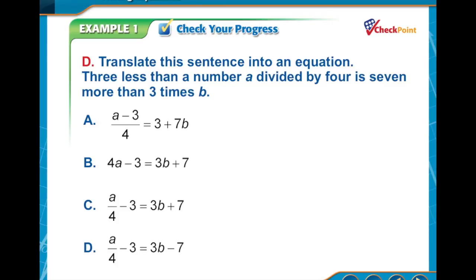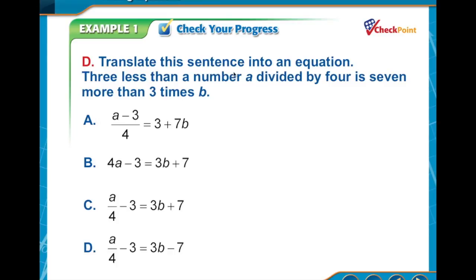Now 1D asks us to translate this sentence. We've got 3 less than a number, A. So 3 less than a number A is going to be less than, we know subtraction. 3 less than a number A, if we think about 1 less than 10, well 1 less than 10 is 9, so it's 10 minus 1.